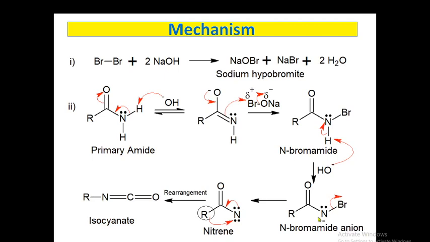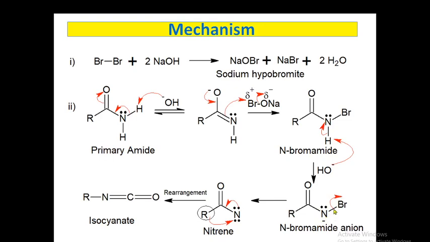This N-bromoamide anion is very unstable as the nitrogen is surrounded by an unshared electron pair. This is negatively charged, and the electronegative atom bromine is also there, so this nitrogen is surrounded by electrons and becomes very unstable.